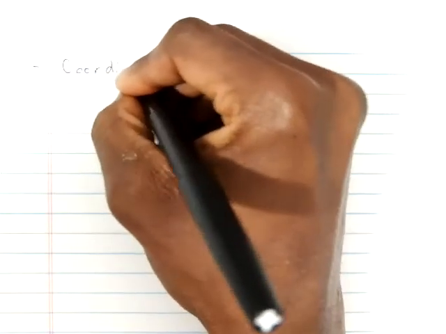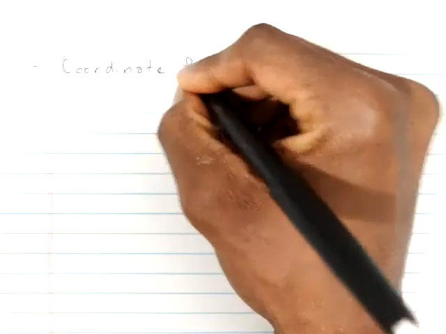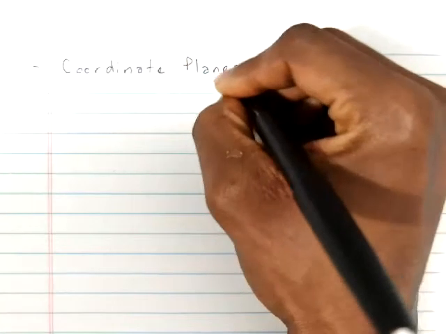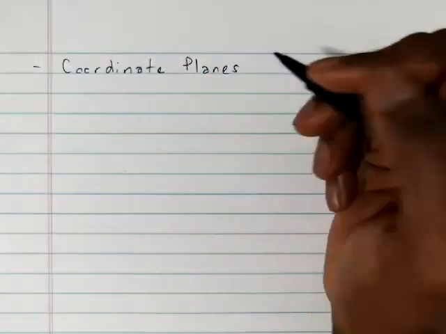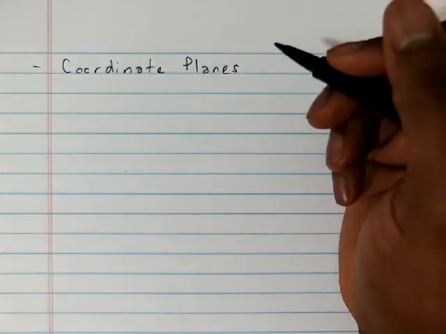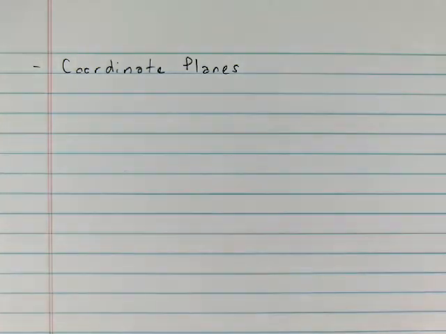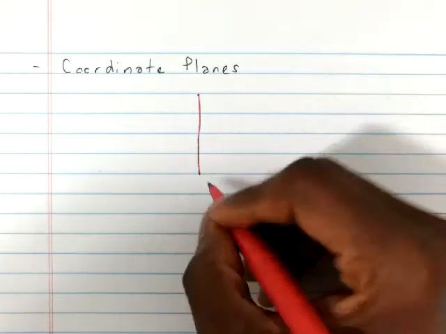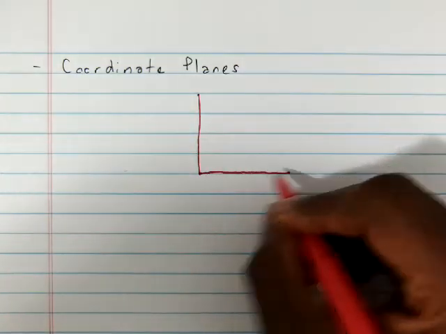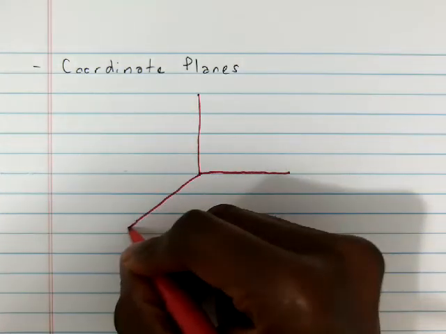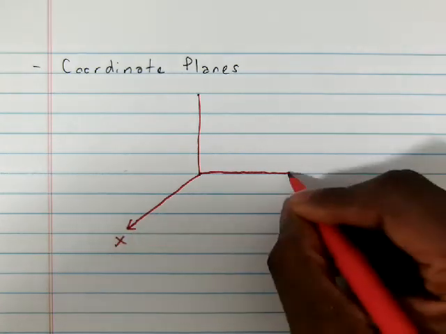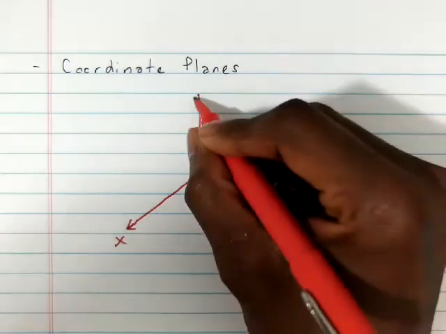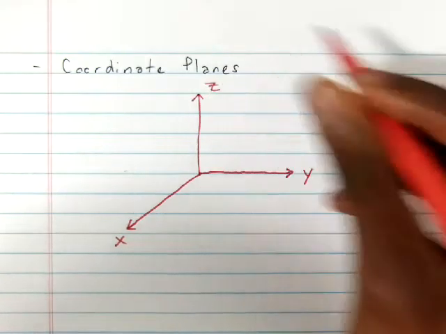So coordinate planes, and keep in mind, like I said, that last little example we did was really more getting at labeling the points than actually sketching points in the plane. So let's make another set of coordinate axes here. So our x-axis, our y-axis, and our z-axis.